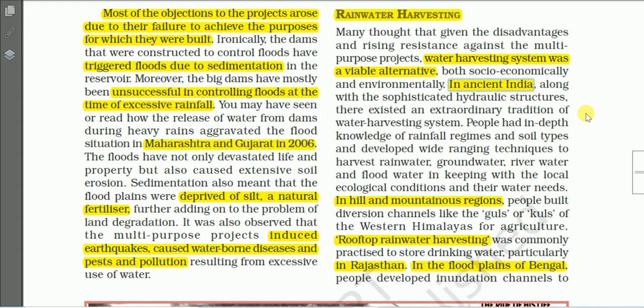They also had in-depth knowledge about soil types, and developed wide-ranging techniques to harvest rainwater, groundwater, river water and flood water in keeping with local ecological conditions and their water needs. That means ancient people also had in-depth knowledge about the conservation and management of water in India.